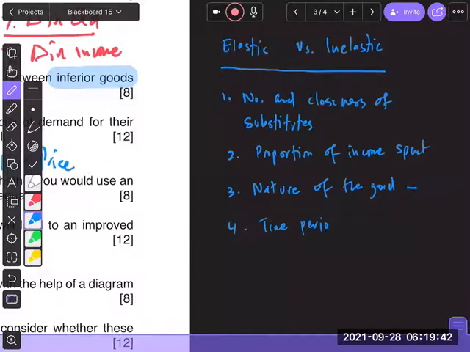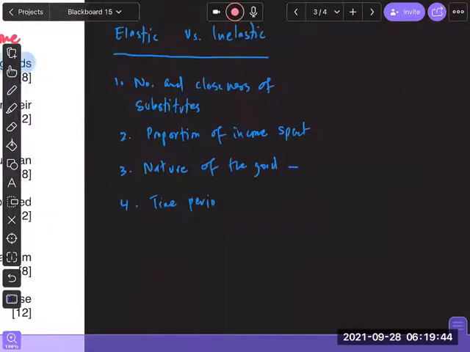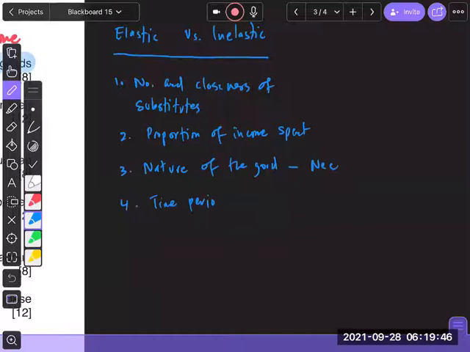Nature of the good, by the way, means is it a necessity or a luxury? And number five is, is it habit forming or not?